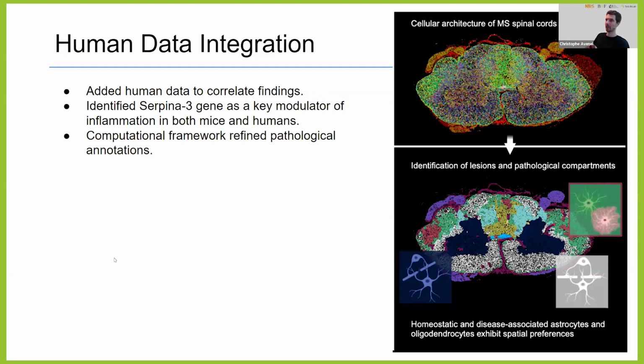This was done with the 10x Genomics platform called Xenium, that is doing basically in situ sequencing, but at a larger scale, and with an automatic machine to get from the beginning to the endpoint. Using this, they were able to identify some genes of interest, especially SERPINA3 as a key modulator for the inflammation, both in the mice and in the human samples.